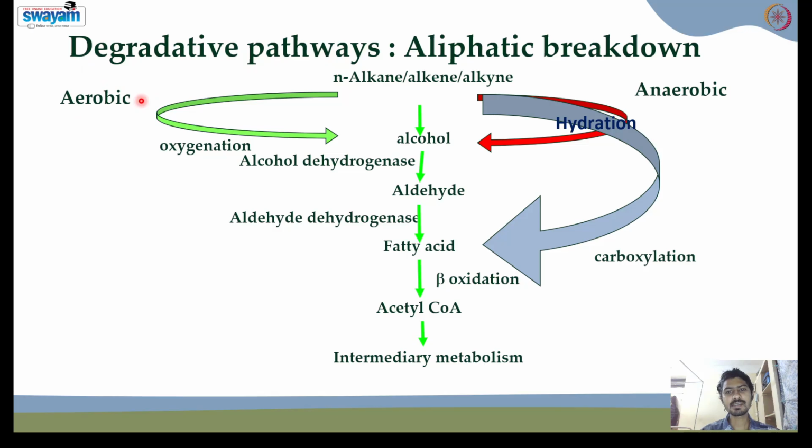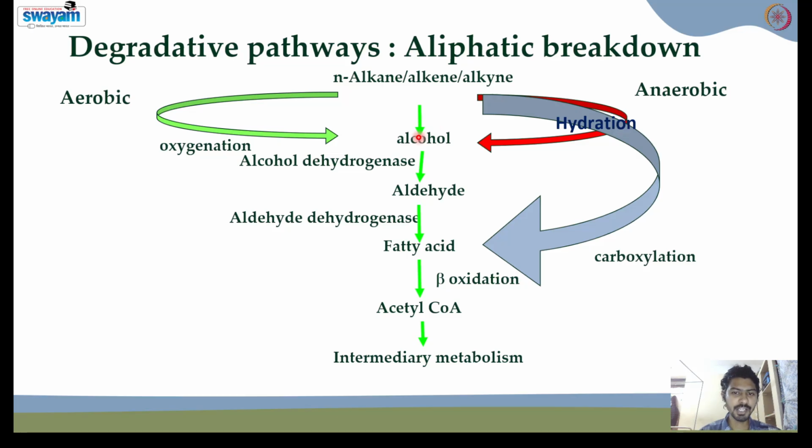But what happens if anaerobic organisms are used? So the first step alone will change, where in the anaerobic mode of degradation, instead of oxygenase enzyme, they undergo a hydration reaction, which is nothing but adding water, and they start the reaction by breaking down their structure into alcohol.